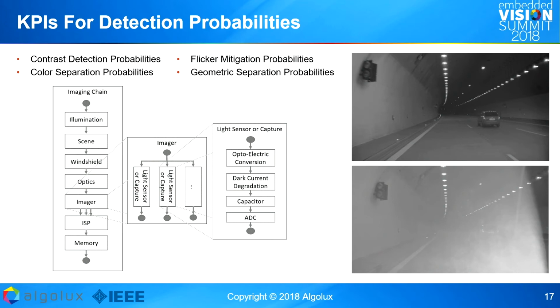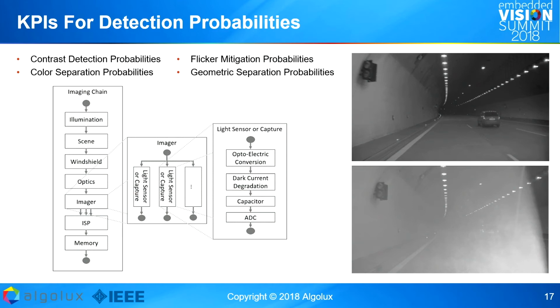On the imager, it gets sampled, converted into a digital number, with some noise properties that are borrowed from a different standard. Then the measurements get piped through an ISP that has various processing blocks, such as demosaicing, denoising, tone mapping, once it gets stored in memory.